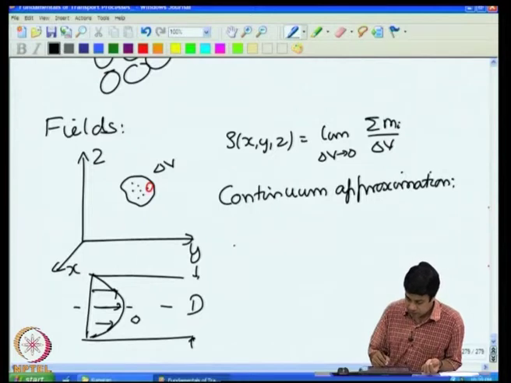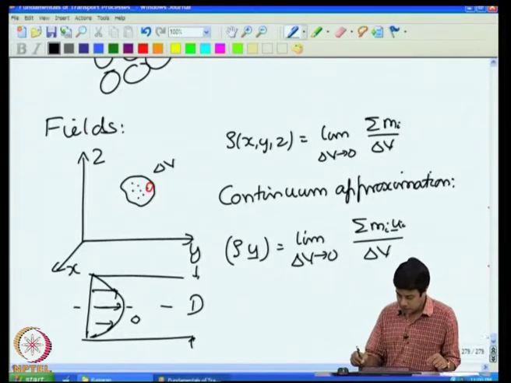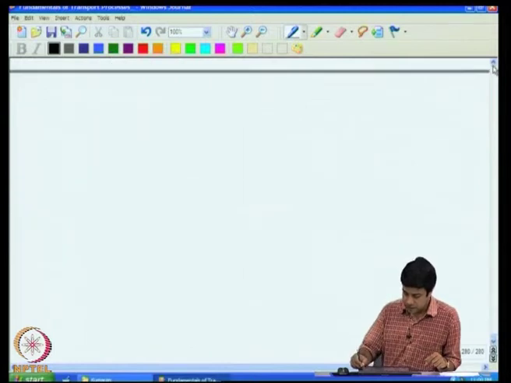One can get a similar definition for momentum, rho times u, okay, the total momentum is equal to the limit as delta V goes to 0 of the summation of mi times ui. Note that u is a vector, because the velocity is a vector.